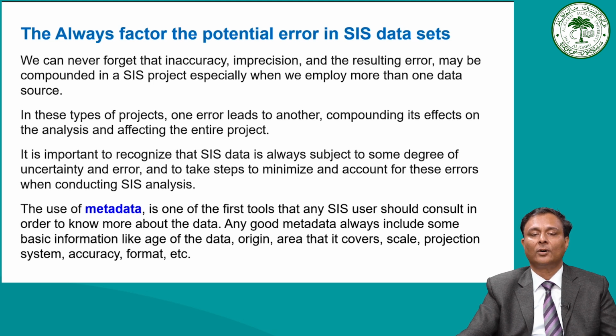Any good metadata should always include some basic information like age of the data, origin, area that it covers, the scale, the projection system, accuracy, and most importantly the format, etc. So when we consult the metadata first, then we would have a better idea of the data which we are bringing into the spatial information science. And that helps us in minimizing the data errors in our digital data.